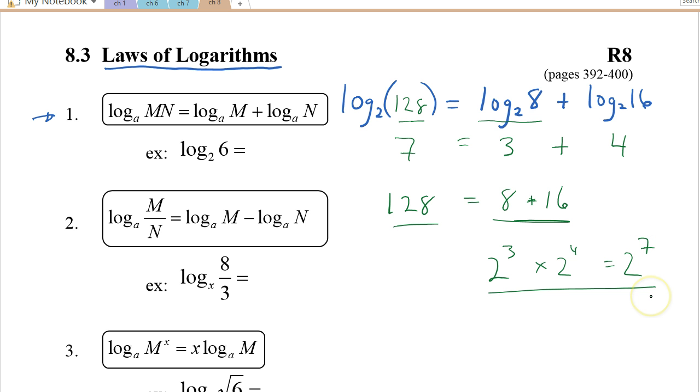When we're multiplying powers that have the same base, we add the exponents. So that's where this comes from. Think of this log as an exponent, right? If we're adding two exponents together, that's the same thing as multiplying together the values, the powers, not the exponents themselves, but the powers.